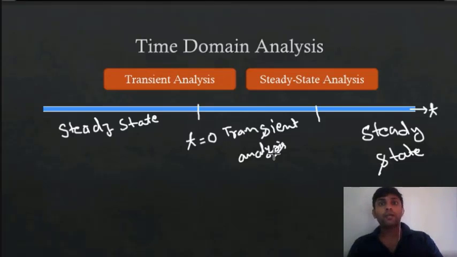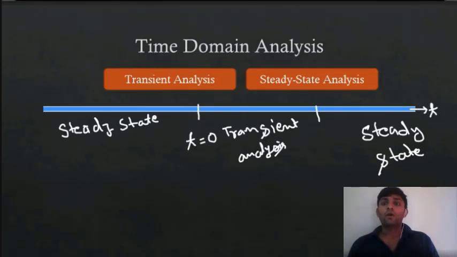We will observe these values within the transient region, and we will discuss what the initial conditions and the final conditions in that circuit will be. First we will discuss the initial and final conditions, then we will come to the detailed analysis of the transient analysis.